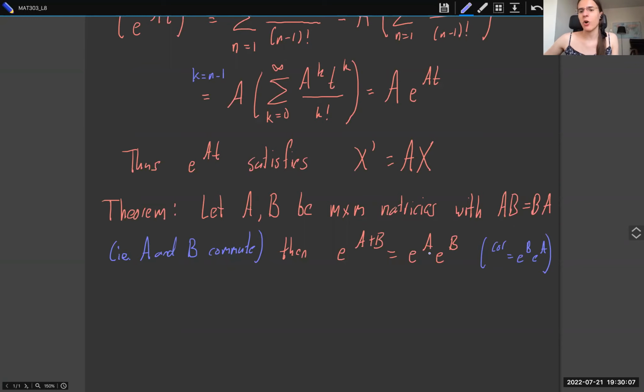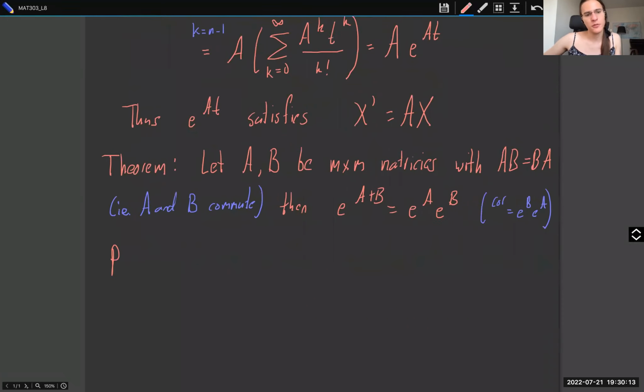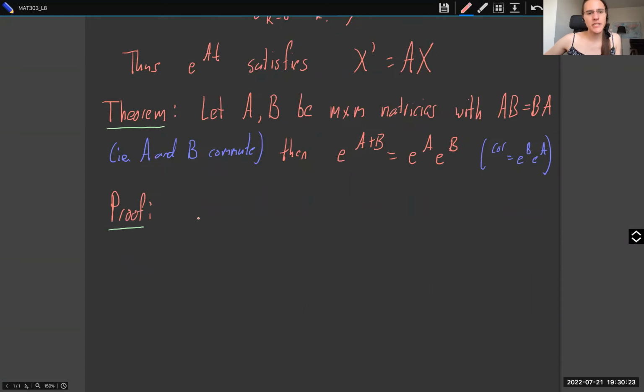And in particular, the common value of these two things is the exponential of the sum. So here's a proof, and it's going to use the binomial theorem. So let's just look, I'm going to do a preliminary remark.